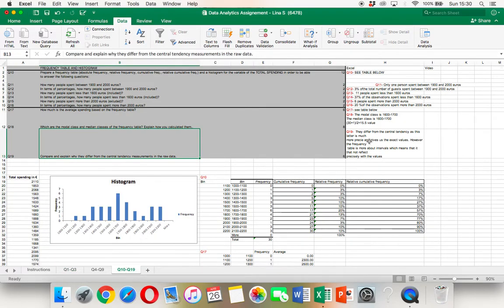But they differ from the central tendency, as the central tendency values are given through the descriptive statistics table, which is a more precise table and gives us the exact values. However, the frequency table is more about intervals, as you can see.